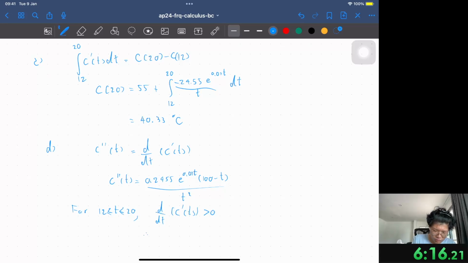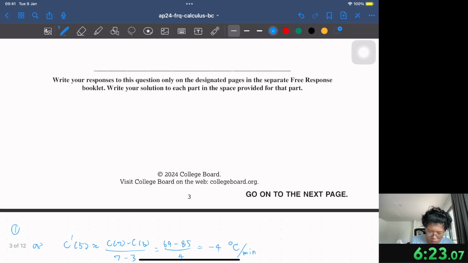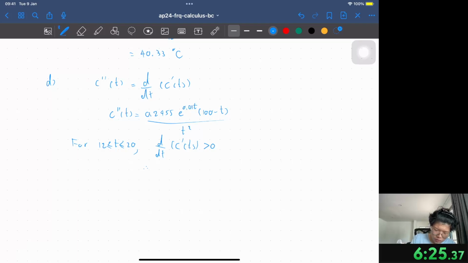So the rate of change in the temperature is with an increasing rate.